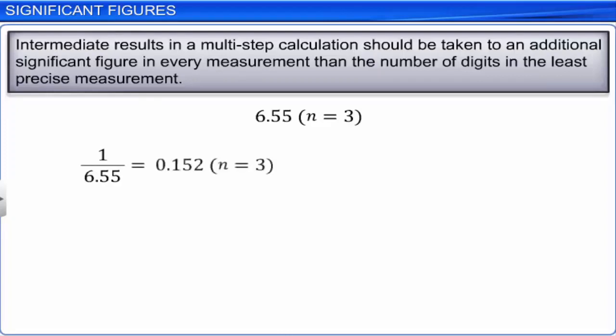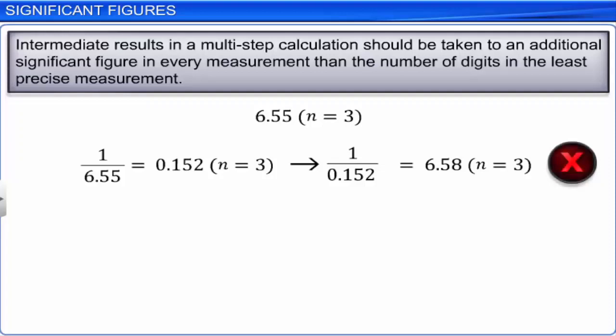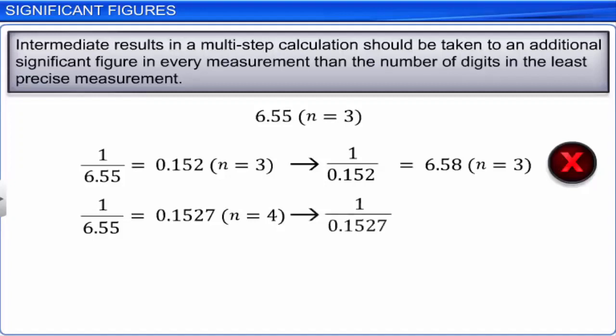However, the reciprocal of 0.152 is 6.58, which does not match the original data we had. Now, if we consider the reciprocal of 6.55 to 4 significant digits, we get 0.1527. The reciprocal of 0.1527, taken to 3 significant digits, is equal to 6.55, which is the original data again.